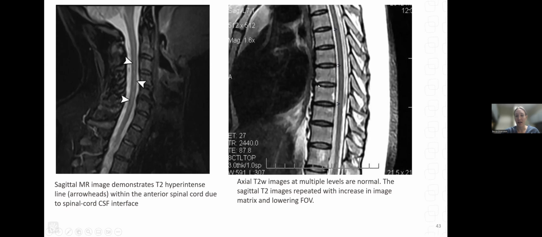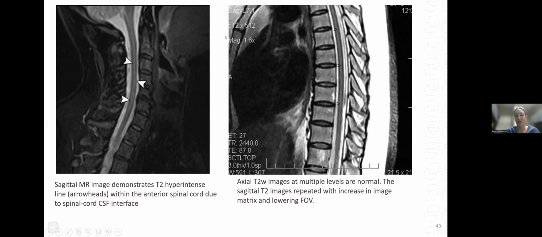And this is common in sagittal cuts because your field of view is very large. You're getting spinal cord, bone, the whole area, versus an axial cut, where you have a larger image of the spinal cord compared to the sagittal cut. So that's why you would want to lower your field of view.